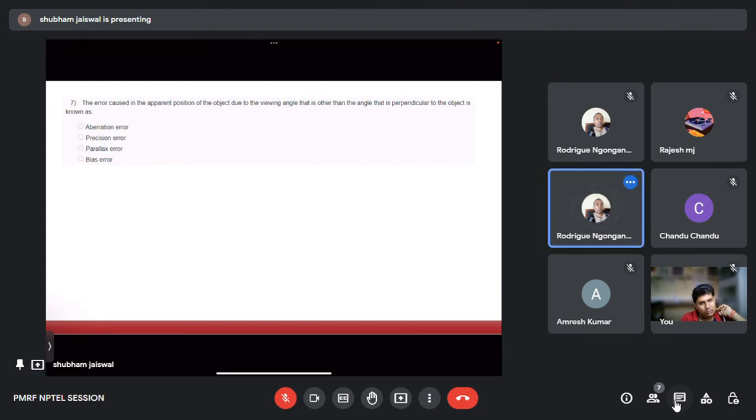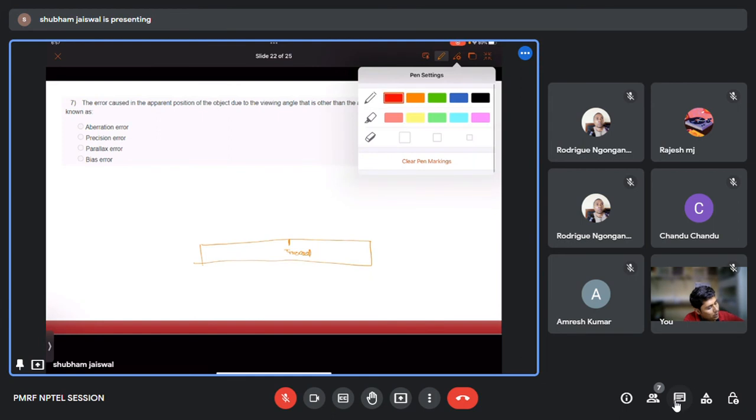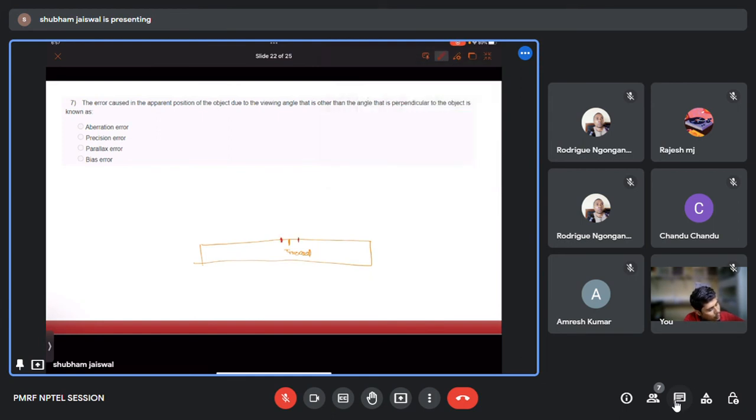Parallax error, sir. Yeah, Mr. Rodrigue, you are right. If I have a scale and this is the true value, I can see a different value if I observe from other directions, and another value if I view from this angle.